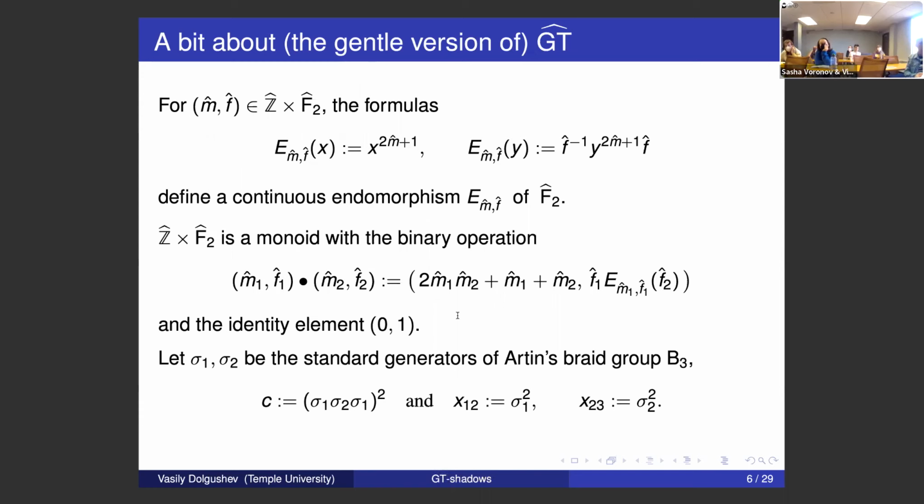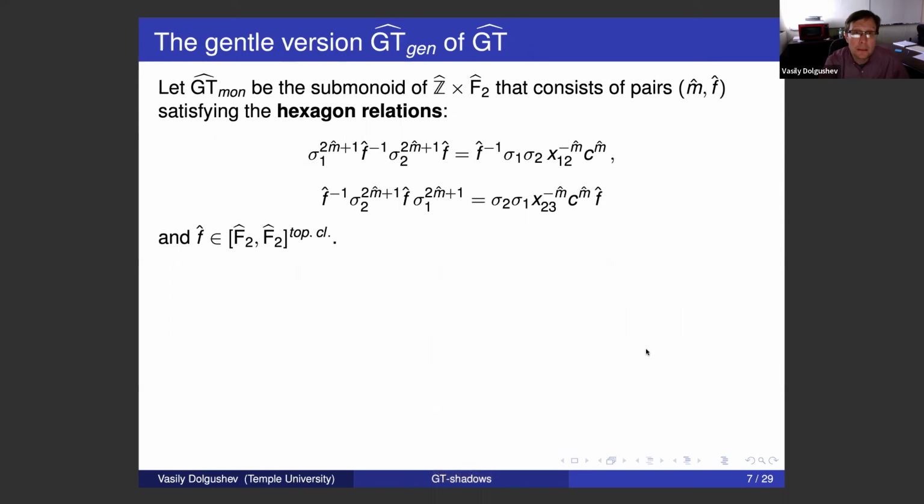To continue, I need to go a little bit deeper into braid groups. B3 is Artin's braid group. I'm going to denote by C the square of this element. X1,2 will be sigma 1 squared, and X2,3 is sigma 2 squared. To define the gentle version, I need this submonoid.